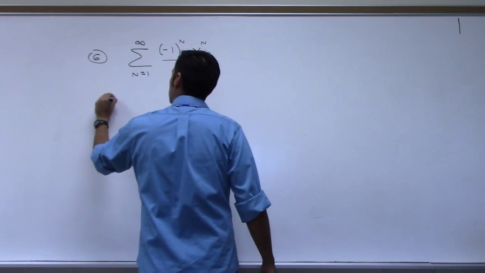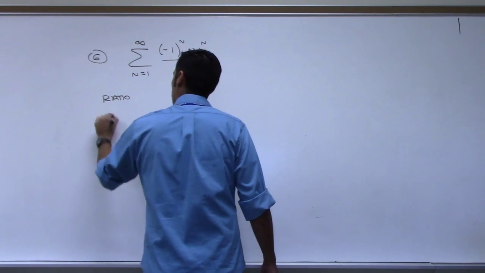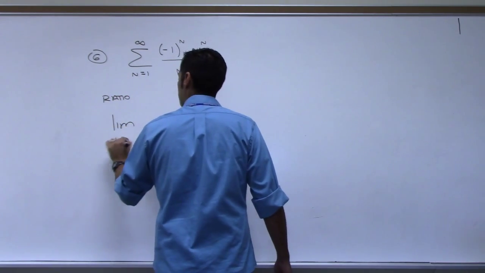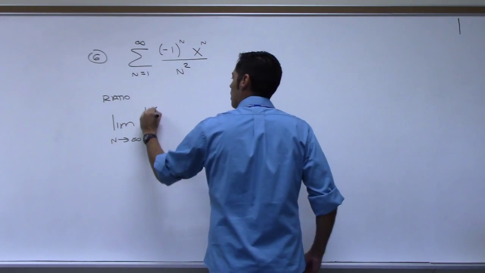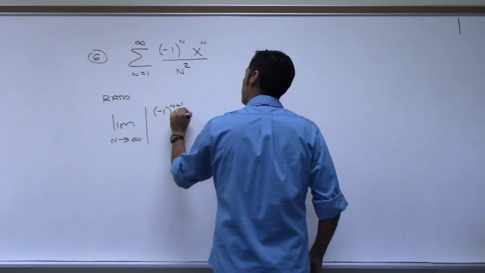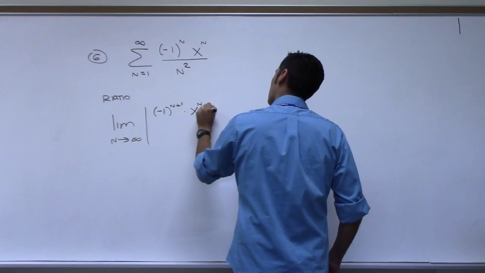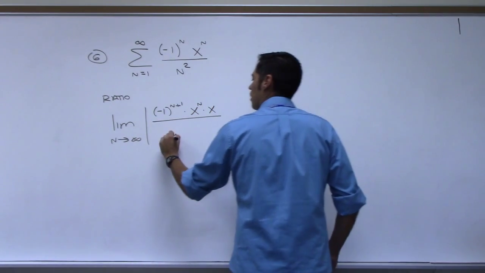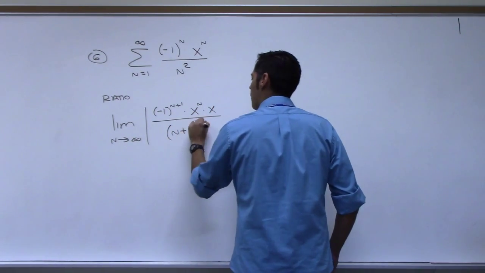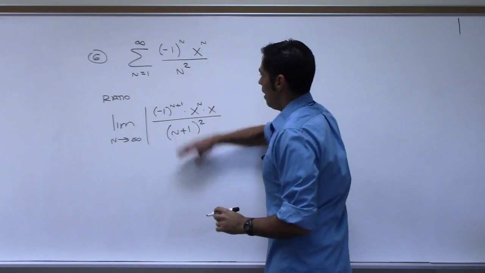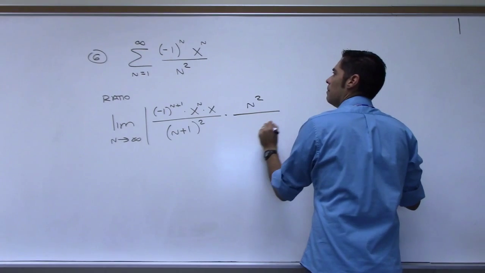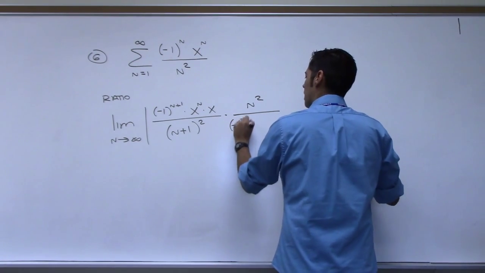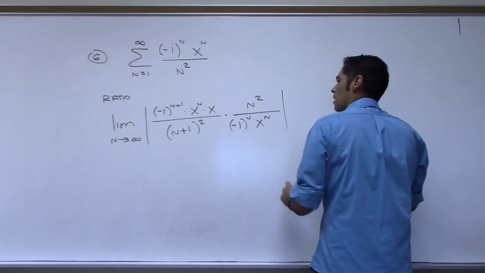Okay, start with my ratio test. Limit n goes to infinity of, let's see, plug in n plus 1 up here. N plus 1 squared down on the bottom. Divide this by that, flip it. N squared on top, on the bottom. Negative 1 to the n, x to the n.